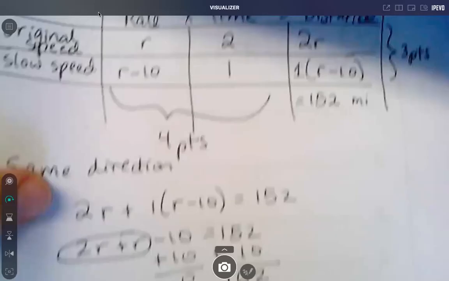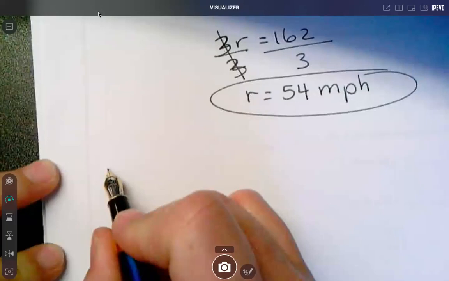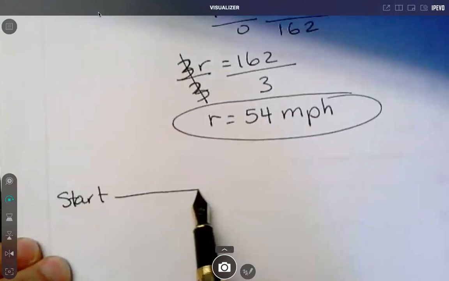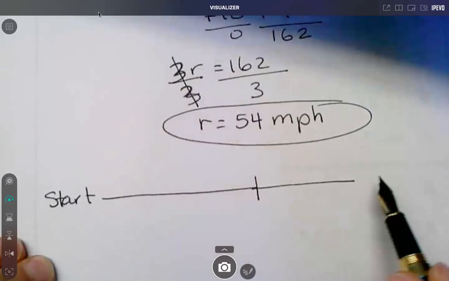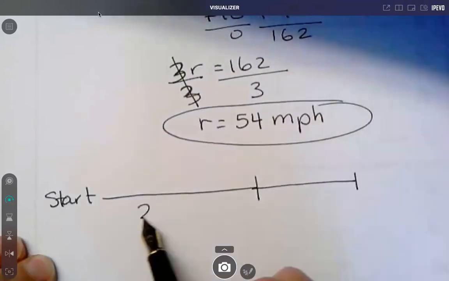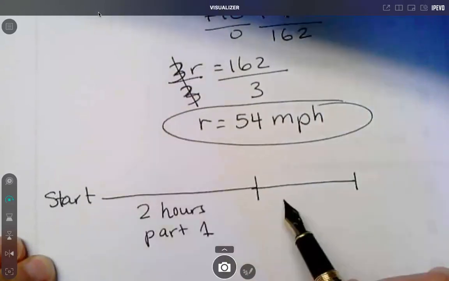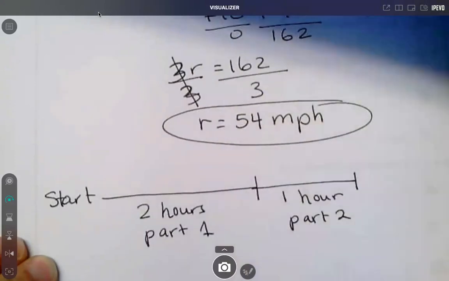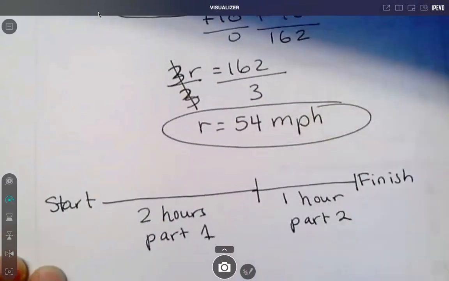How would you do the sketch for the first part? I would just say, here, start. And then Jenny drives this much for 2 hours, and then 1 more hour or something like that. 2 hours for part 1, and then 1 hour for part 2. And then this is finish, the finish line or her destination.